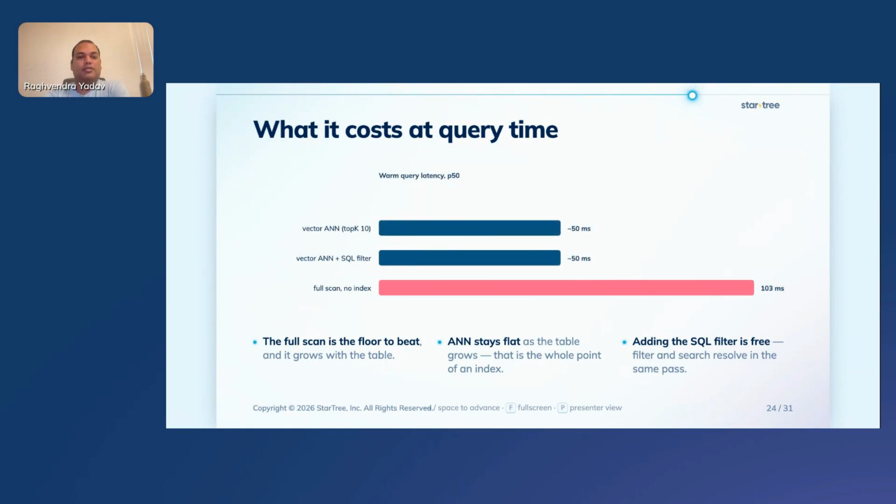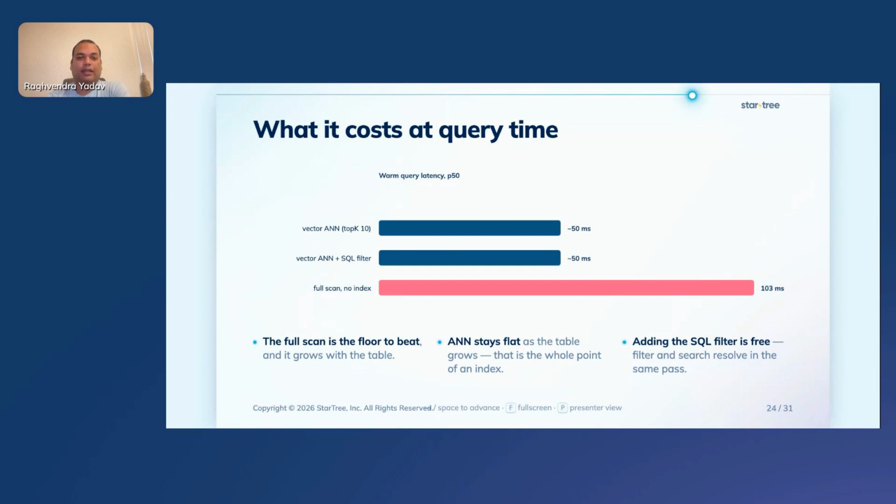And the next is latency. What latency do we get? If you're not using any vector index, just a full scan, and this is only on a couple of segments, but at very large scale this number can go much higher.